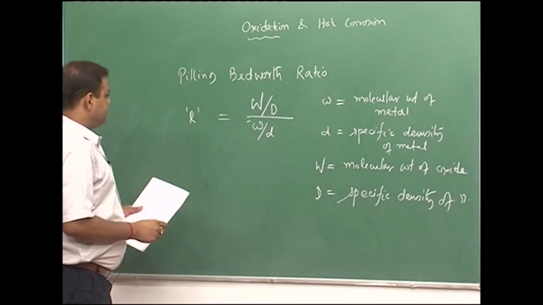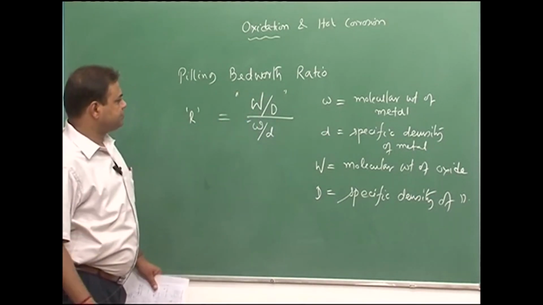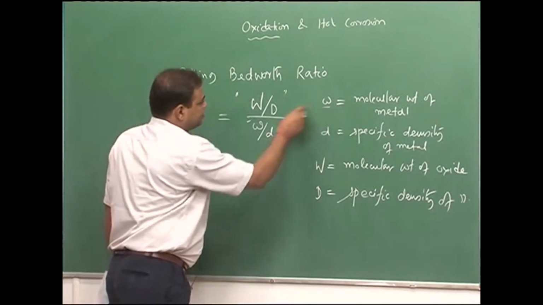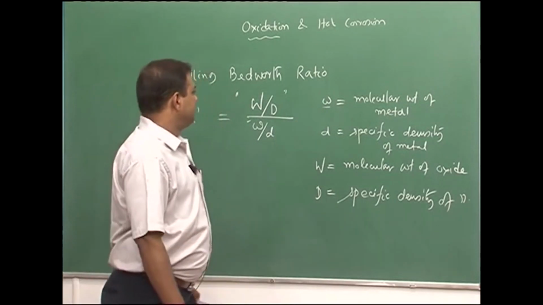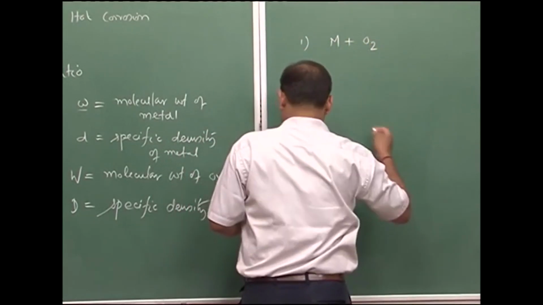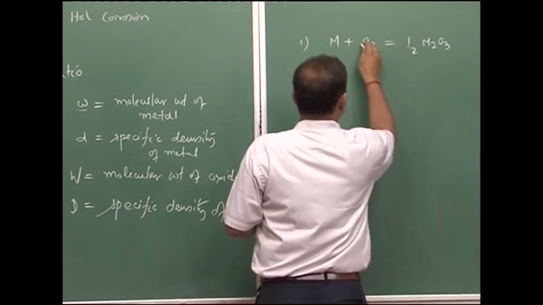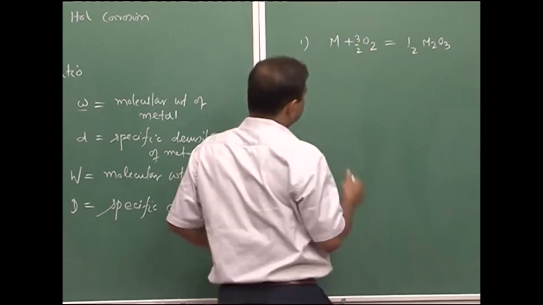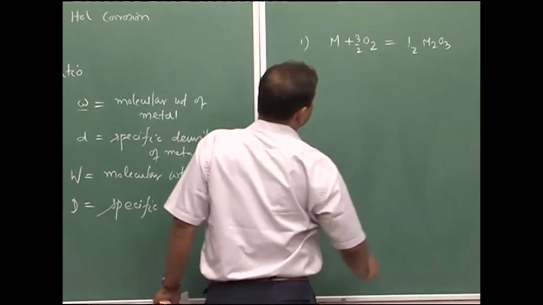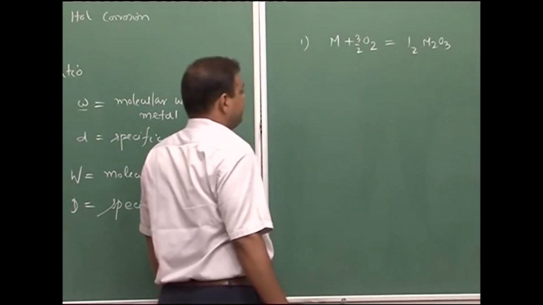Now, in order to understand how the factor would be decided, there should be a factor which would come in this particular ratio while we consider oxidation of 1 mole of metal. For example, if the reaction is of this sort, that means this is 3 by 2. If the reaction is of this sort, that means 1 mole of metal is getting oxidized and forming M2O3, and that is nothing but half a mole of oxide that is forming.